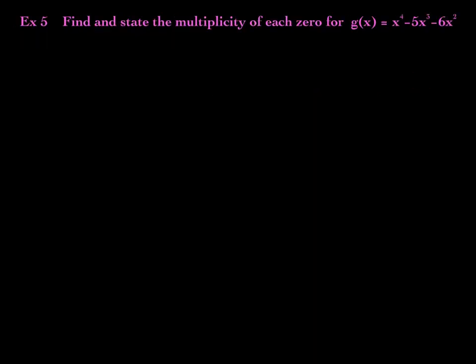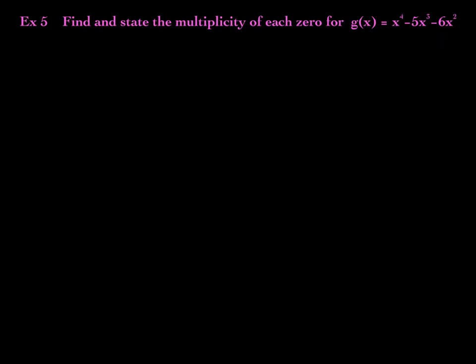All right, guys, find and state the multiplicity of each zero for this polynomial function: x to the 4th power minus 5x cubed minus 6x squared. This is a quartic, because it's degree 4, it's a quartic trinomial polynomial function.